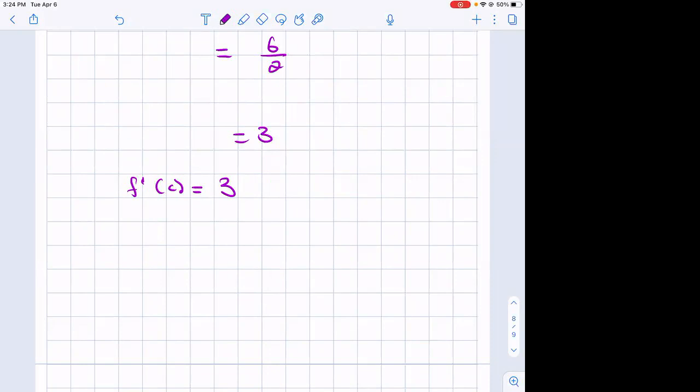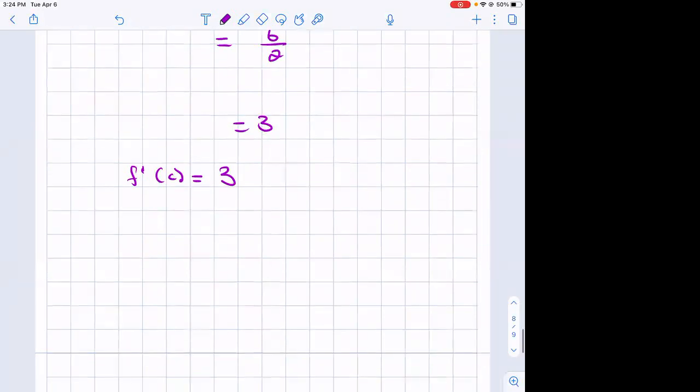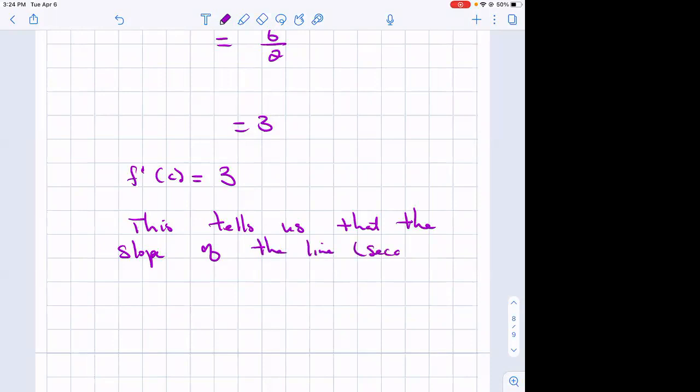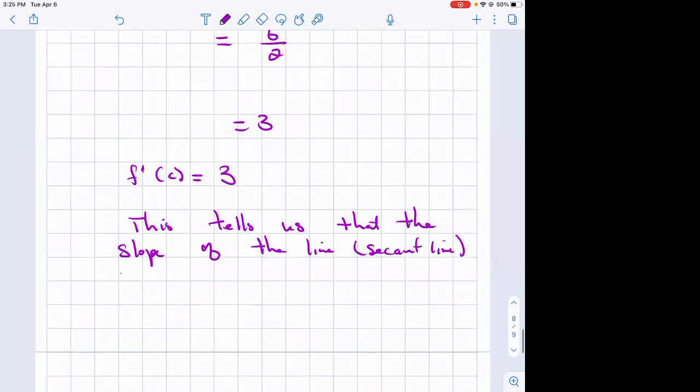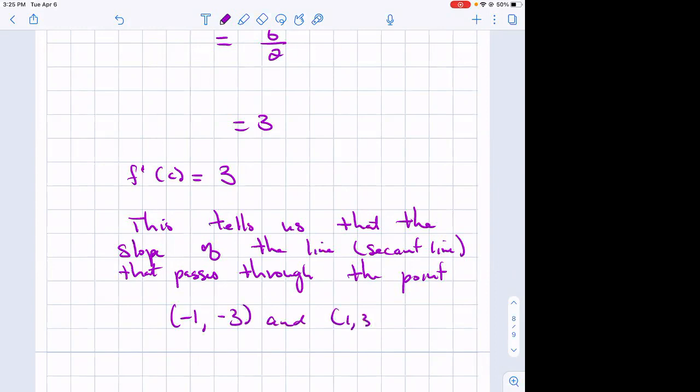Okay. Now, what does this tell us? Keep in mind, this tells us that the slope of the secant line that passes through the points (-1, -3) and (1, 3) is 3.